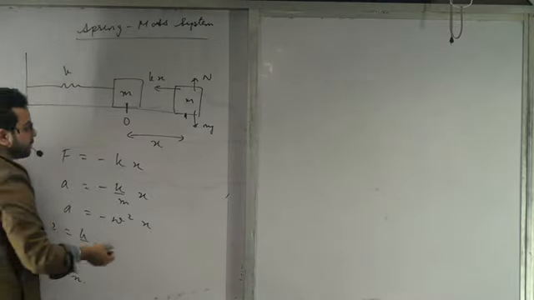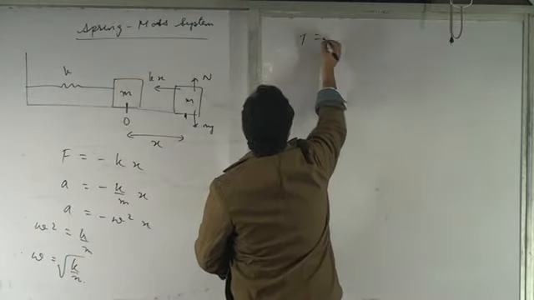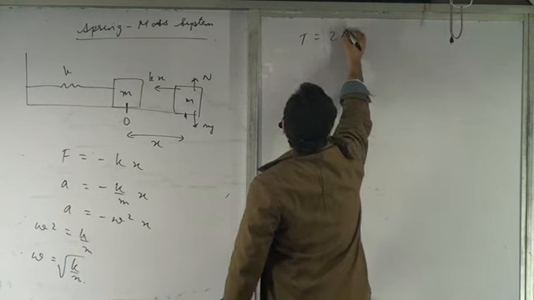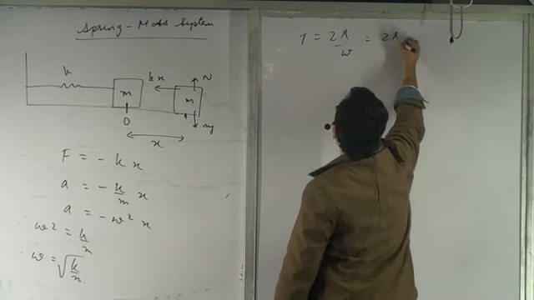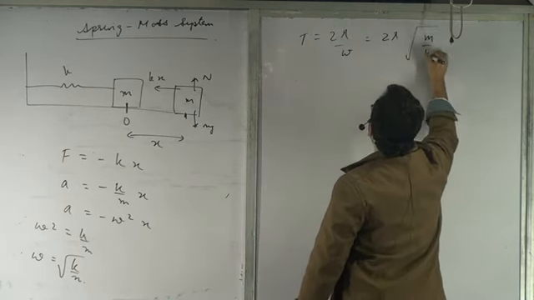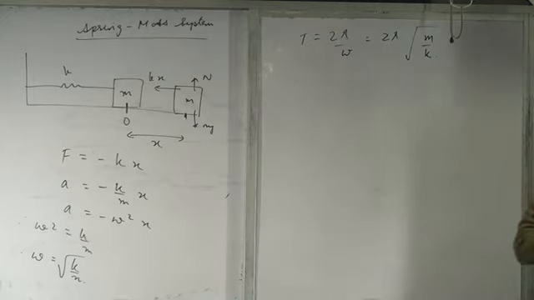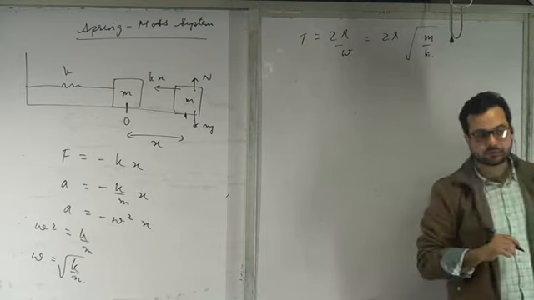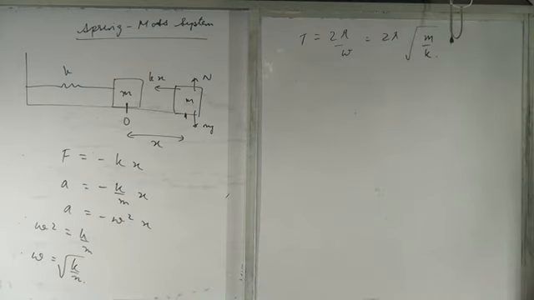So what is the time period of the motion of this particle? That is 2 pi by omega, that is 2 pi under root of m by k. And that is a result you absolutely must remember.